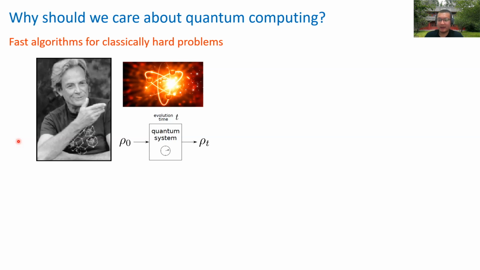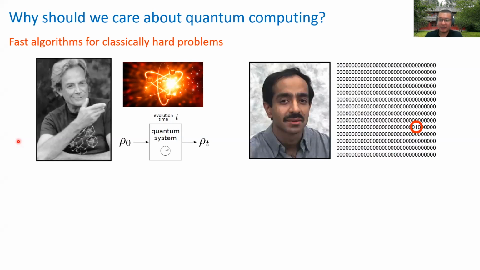Later on, on the computing side, there are some famous algorithms. A very important one is Grover's algorithm for searching. If you have a database of size n and you want to search for a specific item inside it, classically, in the worst case, you probably just have to look at everything by brute force, and the cost is linear in n.